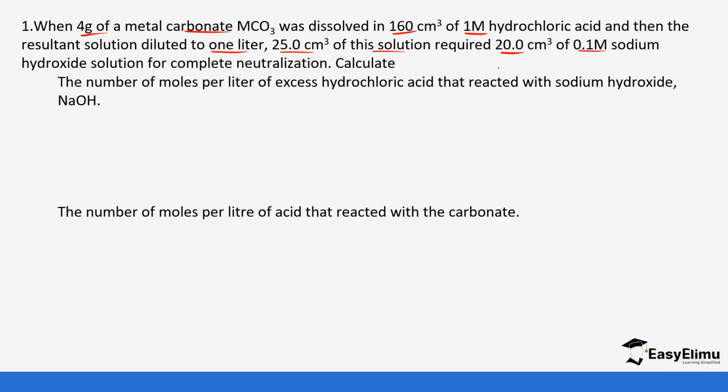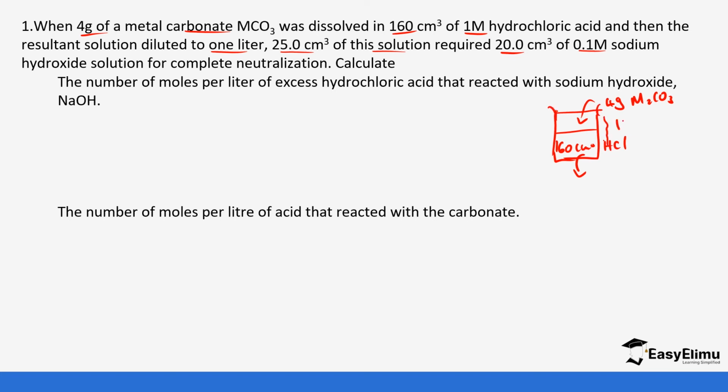First of all, looking at the diagrammatic representation, we have a beaker containing 160 centimeters cubed of the HCl that is reacted with 4 grams of metal carbonate. This reaction goes on, and this is diluted to 1 liter before we pick a small amount.